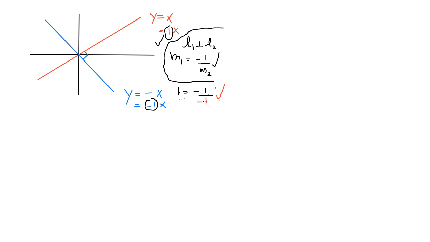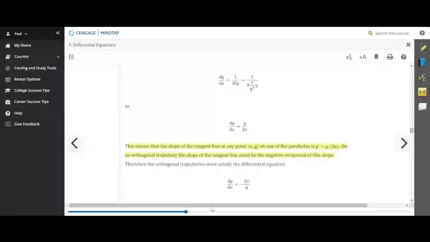So now we're gonna make use of this. Let's go back to the book and continue that example we were looking at. The family of parabolas, their derivatives are dy/dx equals y over 2x.